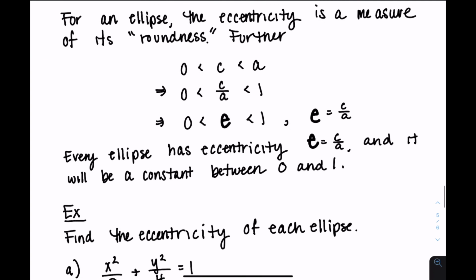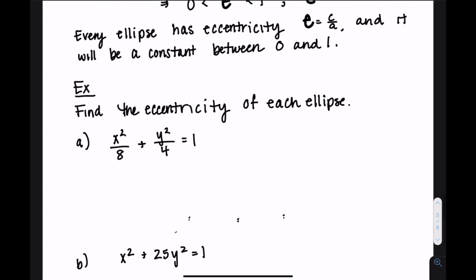So it's just going to be a simple formula that we have to plug in to find the eccentricity. So let's look at this ellipse, x squared over 8 plus y squared over 4 equals 1. Let's find the eccentricity of it. Your value of a is going to be what's underneath the x because it's the larger quantity, so it's the square root of 8. I need to find my value of c, so to do that, I need to figure out what b is. So then c squared is a squared minus b squared, which is 4.